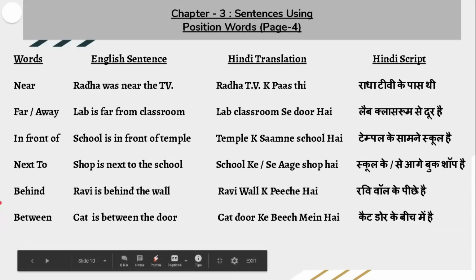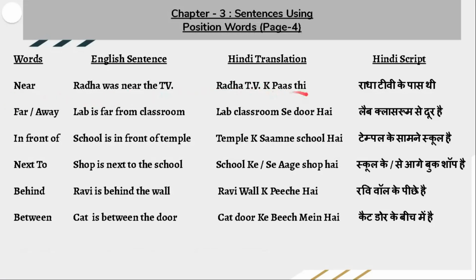Now, next is near. Radha was near the TV. Radha TV के पास थी. Far. Lab is far from classroom. Lab classroom से दूर है. In front of. School is in front of temple. So temple के सामने school है.